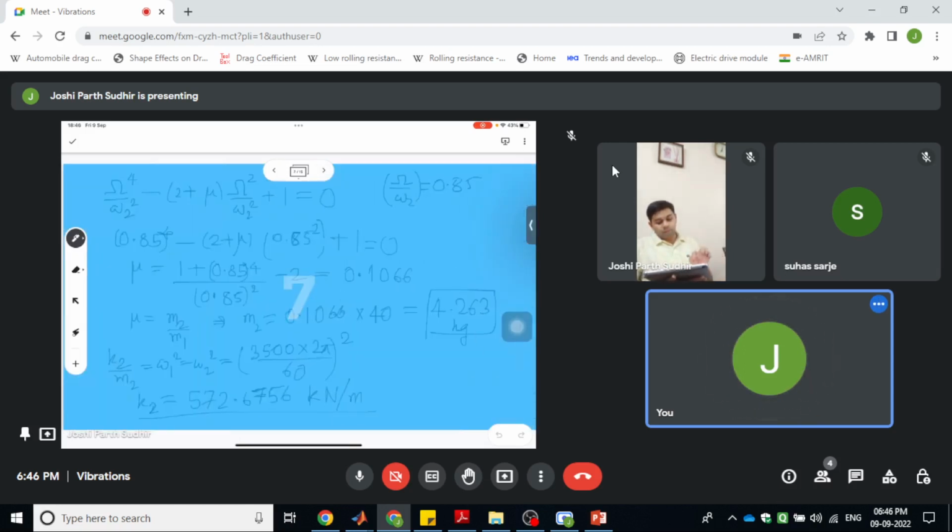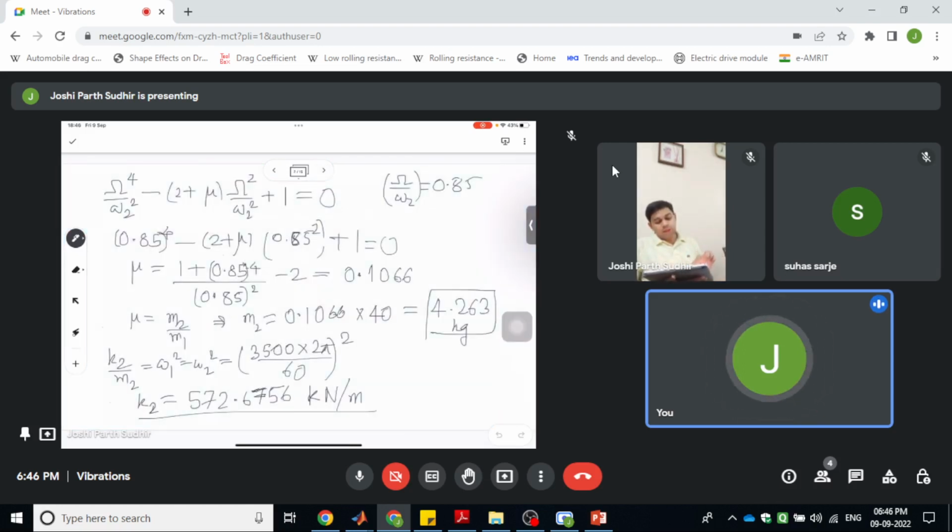So for the roots of the characteristic equation, let us say omega 1 or omega 2, whatever, that will be either 15% less than or 15% greater than the natural frequency omega 2. So that's how we have derived that.